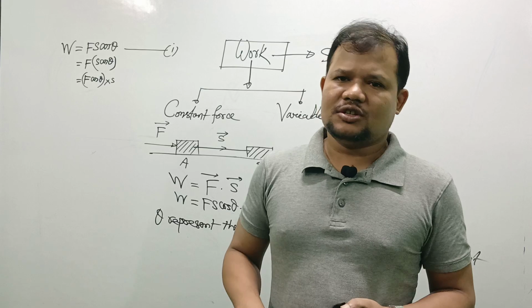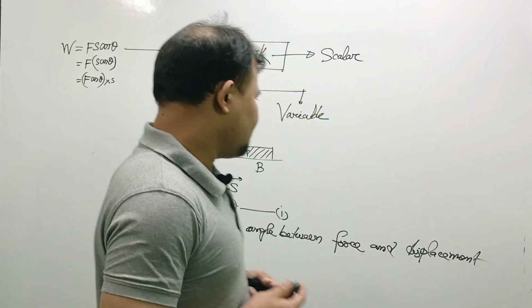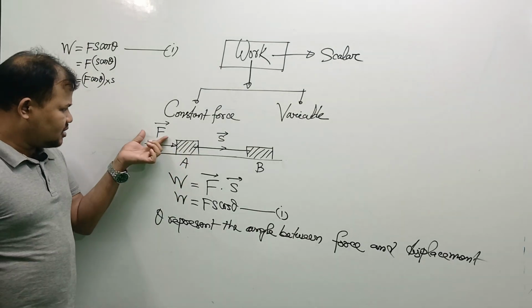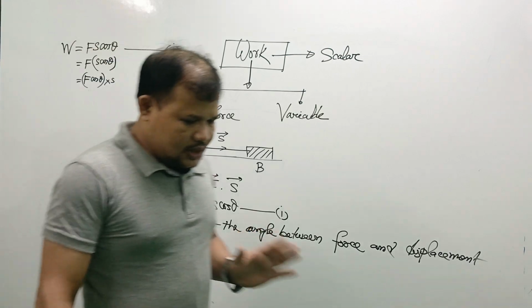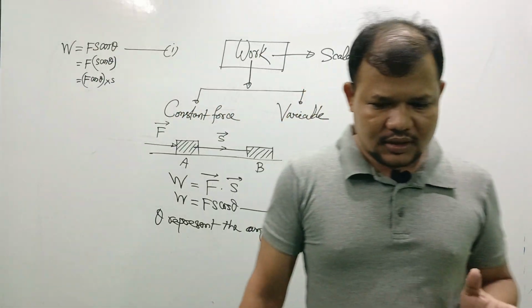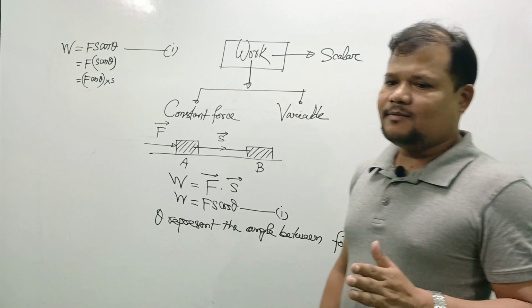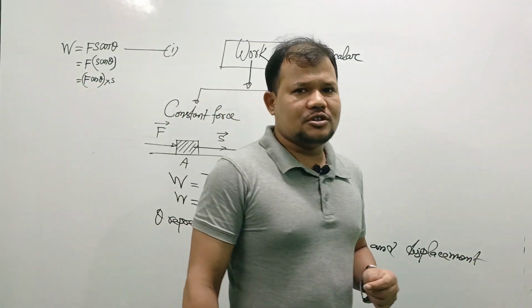Only for this special condition can you measure the work. Here the equation gives us this special message. This is the direction of the force and this is the direction of the displacement. In physics, the definition of work is the product of the force and the displacement taken in the direction of the force.